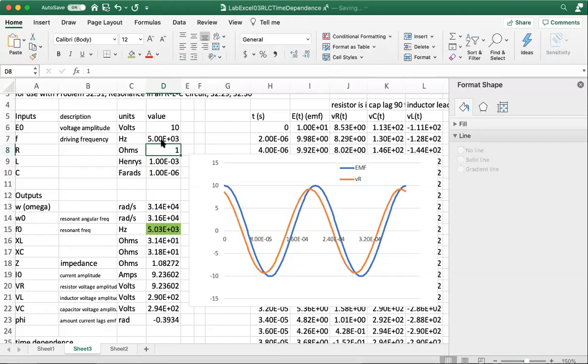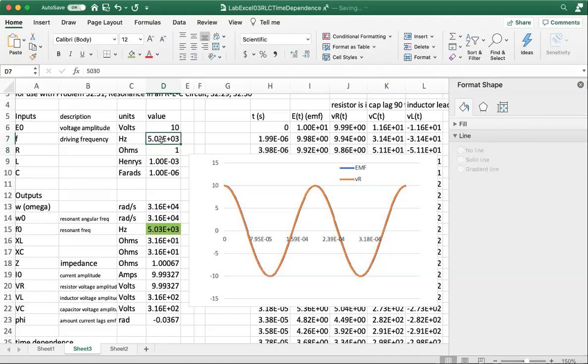There we go. At 5,000, we're almost there. And then 5,030. Boom. Then we hit the nail on the head again. So your resistance changes a lot there. Okay, so that's kind of a resonance.